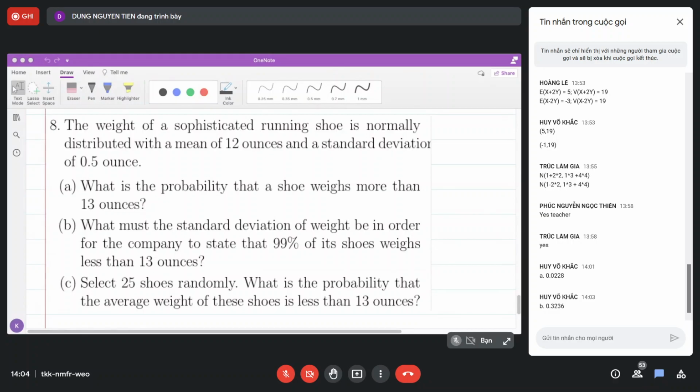So you can solve questions A, B, and then C.